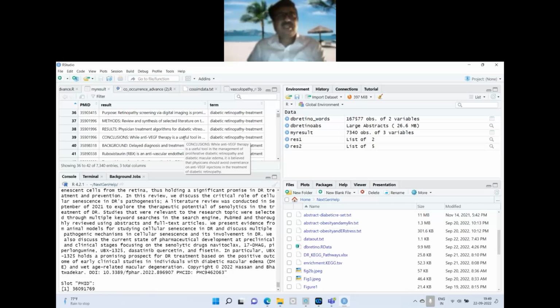So here there is another conclusion of a particular study. While anti-VEGF therapy is a useful tool in the management of proliferative diabetic retinopathy and diabetic macular edema, it is believed that physicians should avoid over-reliance on anti-VEGF injections in the treatment of diabetic retinopathy.